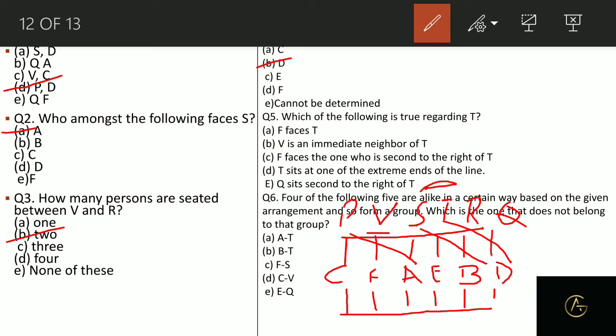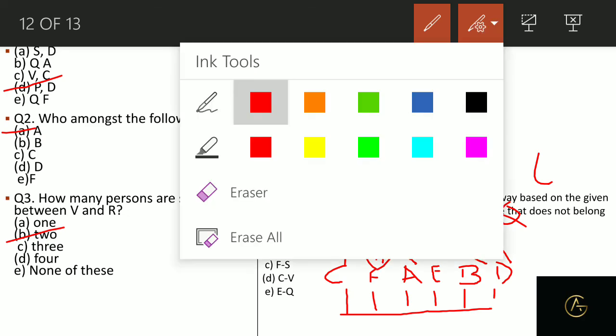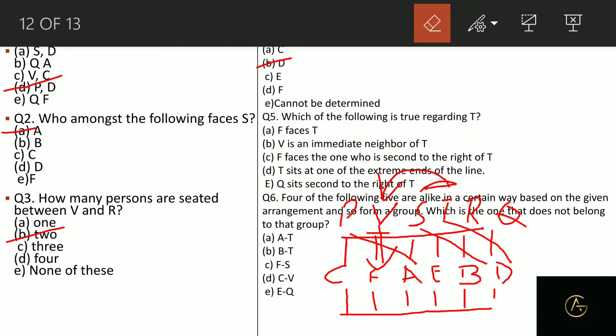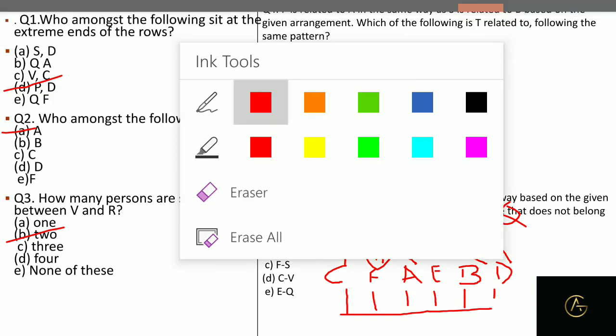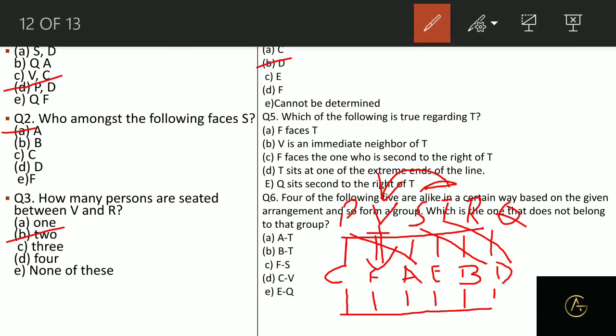Not at all. F faces the one who is second to the right of T? Right. Here is right and here is left. Second to the right of T is V, which faces F. So the answer will be C.